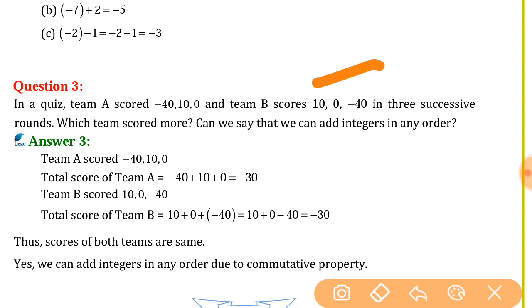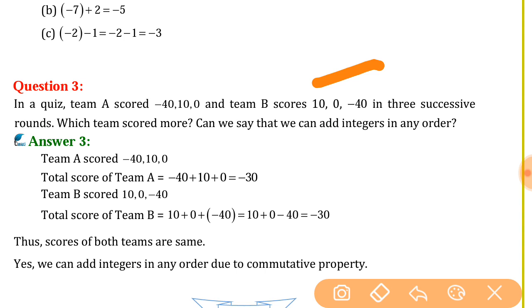See here, whenever we want to check which team scores more, we have to add the scores of the 3 rounds together. Then only we can get which score is bigger, integerically or naturally.